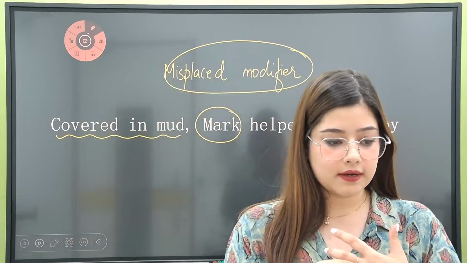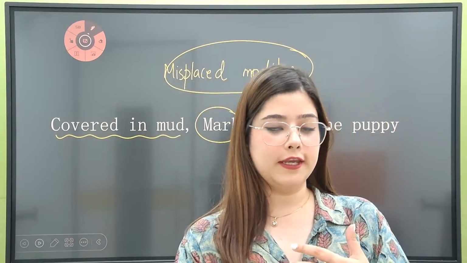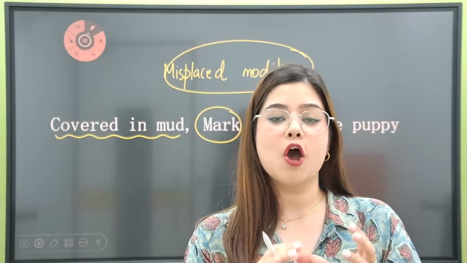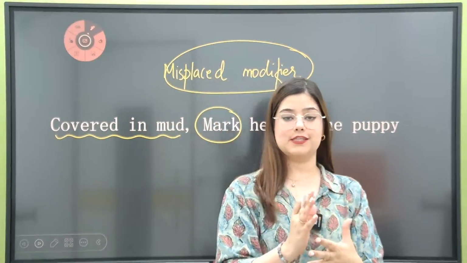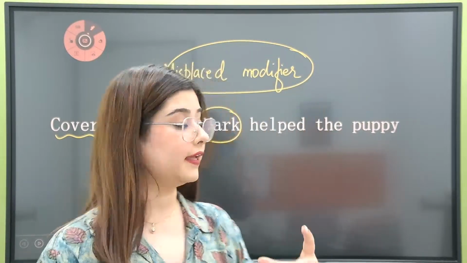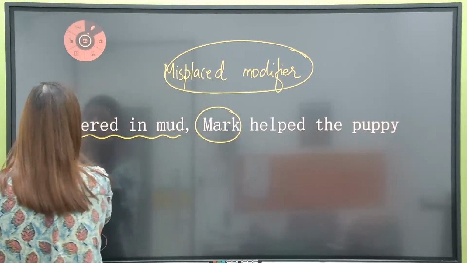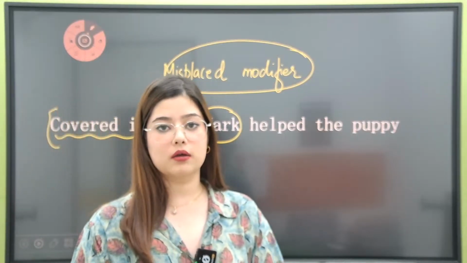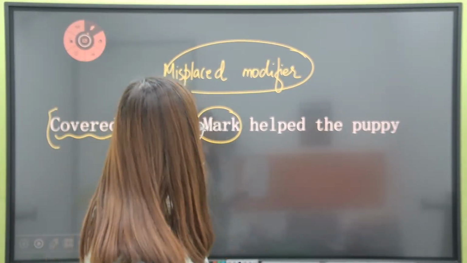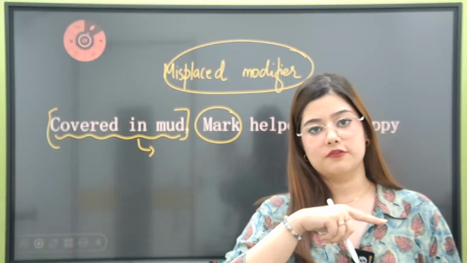Now, please remember that we need to place the modifier closest to the word it is modifying. Here, covered in mud is modifying the puppy and not Mark. Mark was not covered in mud. The puppy was covered in mud.